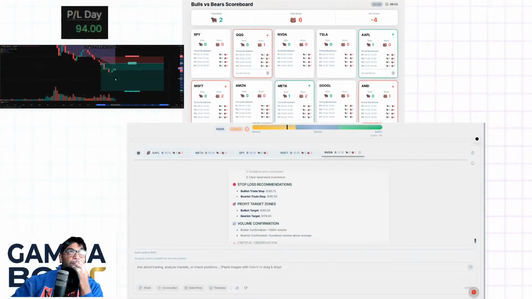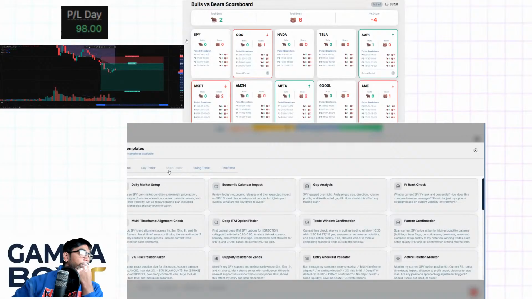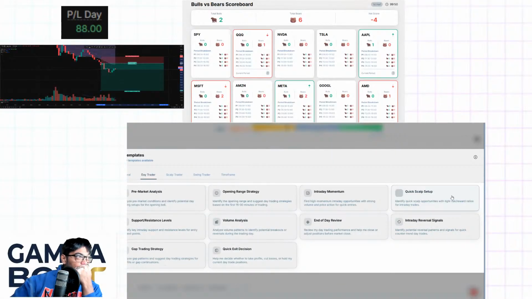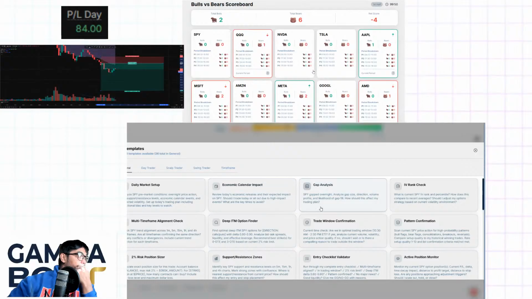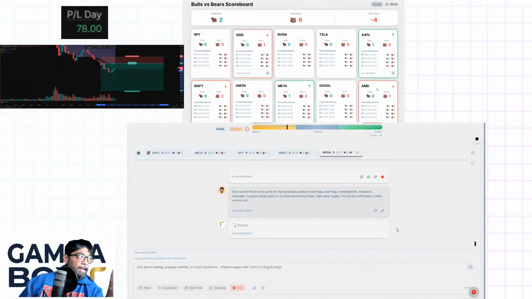It probably looks like it's coiling here. Let's check the pattern. So that's a good thing with the templates. It gets you right in and right out, exactly what information you're wanting to look at.